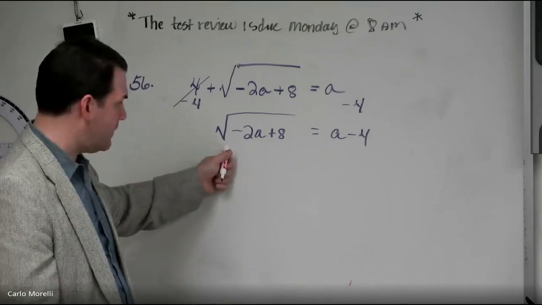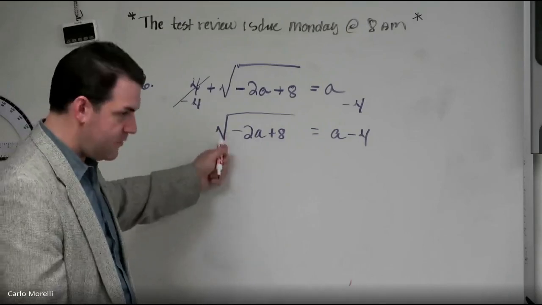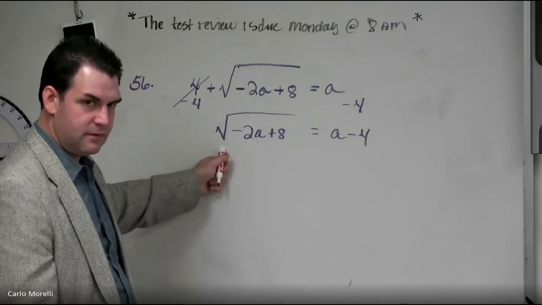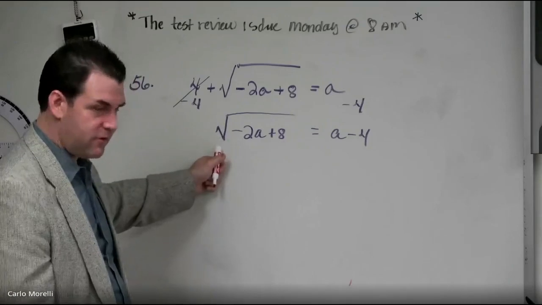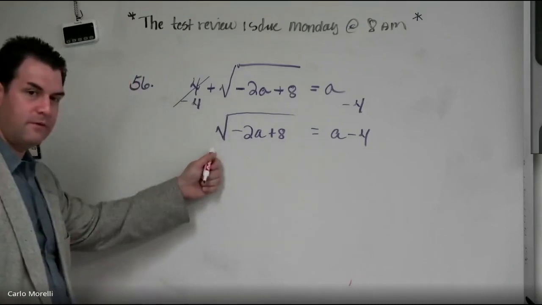You're alone on a spaceship. The fate of the spaceship hinges on your ability to get rid of the square root. What do you do?